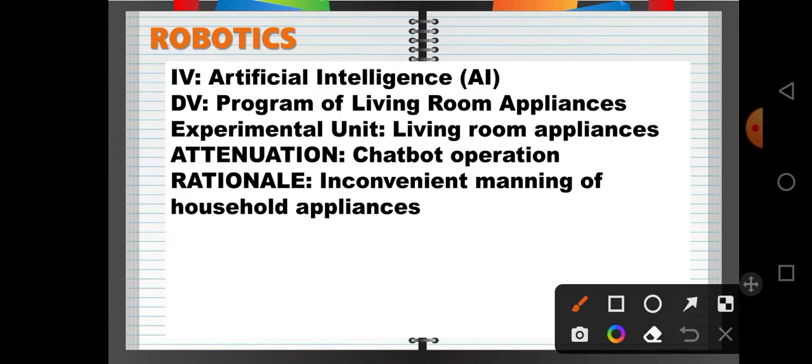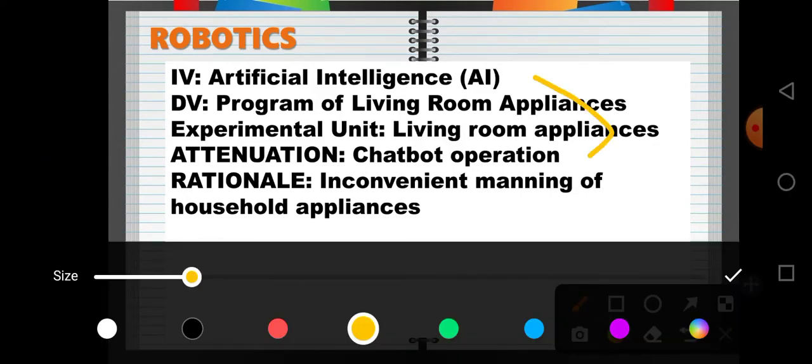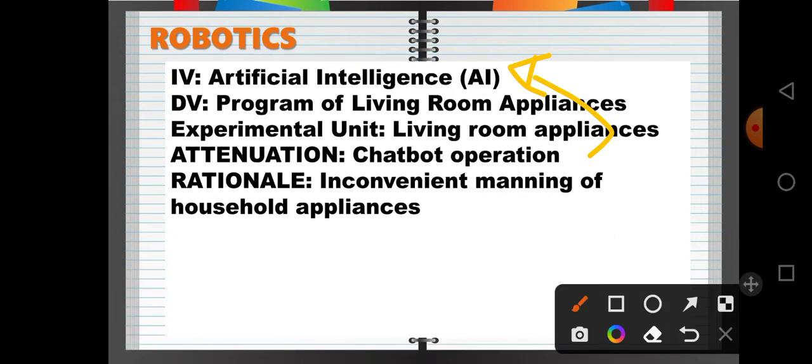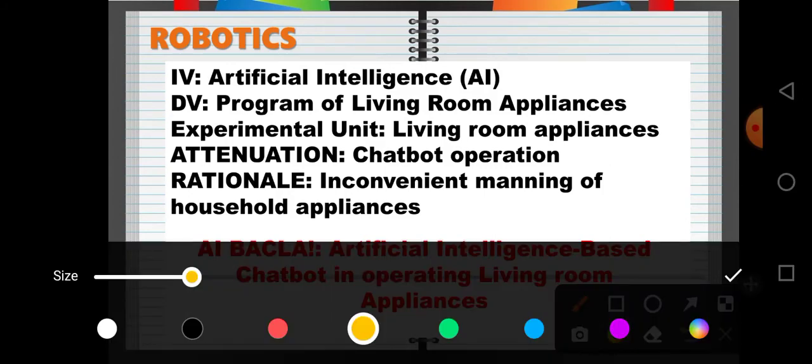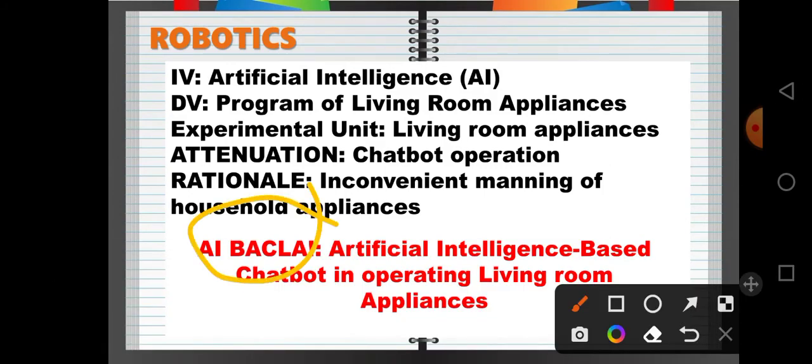Operation of chatbot using artificial intelligence. And then our rationale is that there is an inconvenience in manning household appliances. So for this, we can produce a study entitled Ay Bakla, Artificial Intelligence-Based Chatbot in Operating Living Room Appliances. So notice class, we also use an acronym here.